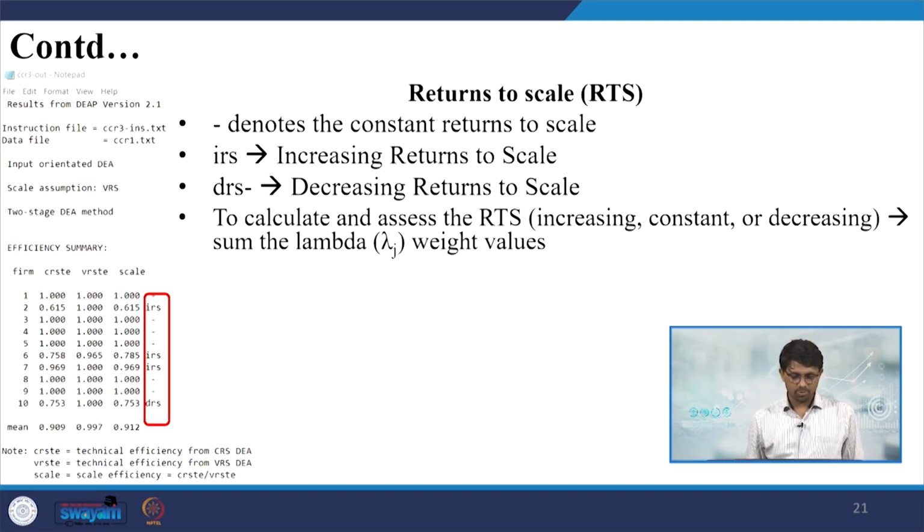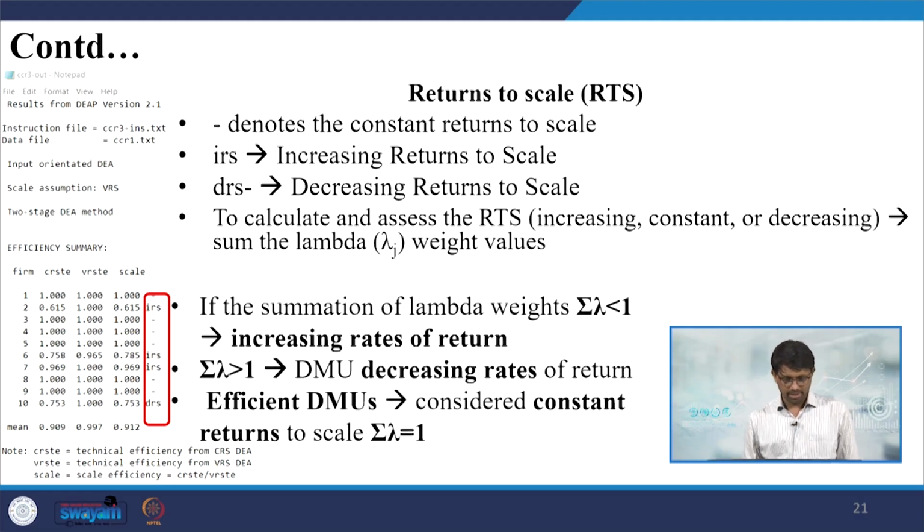However, one interesting aspect here: to calculate and assess the RTS, returns to scale, that is increasing, constant or decreasing, the sum of lambda weight values is important. So, where to get the lambda values? If you remember, I discussed in the CCR based model, and this model also assumes the basic assumption of CCR. Hence, the pure weights are important. Pure weights we already explained in the last lecture. However, if the summation of lambda weights is less than 1, then that is called increasing returns to scale.